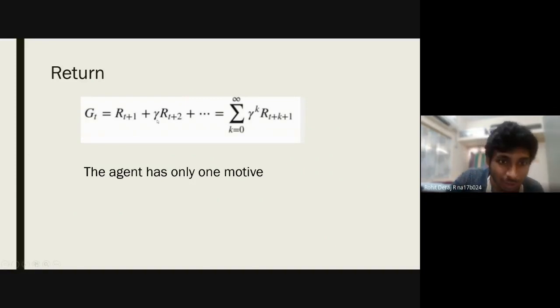Gamma here is called the discount factor. If gamma is 1, a reward at a far future time step, say 100 or 1000, is as important as the reward in the very next time step, R1. But if gamma is 0, you are only concerned about the immediate reward you are getting now. This is what is called return.